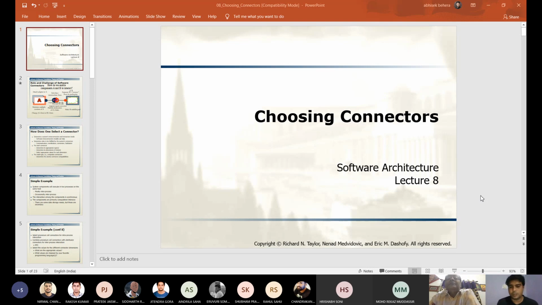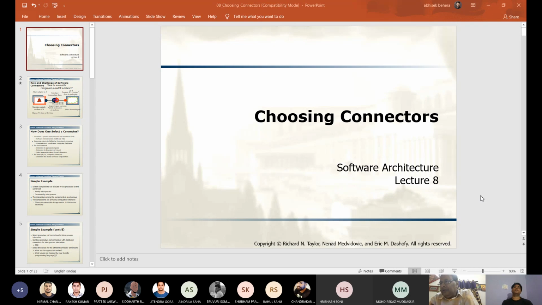Basically 4 types of services are provided: connector as a communicator, coordinator, converter, and facilitator.